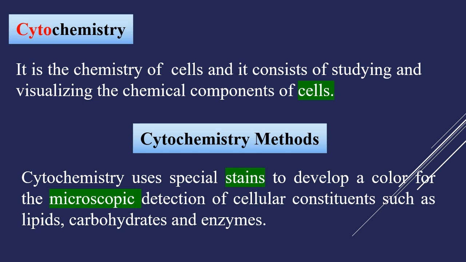So, cytochemistry needs to use stains to have colors that we can see under a microscope in general. It can be a light or electron microscope, and with this color we can recognize constituents of the cells.